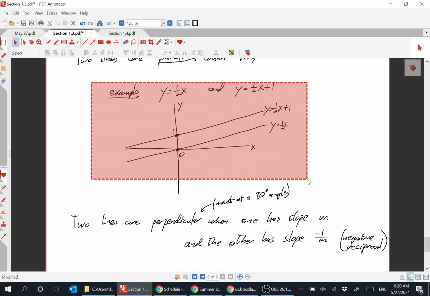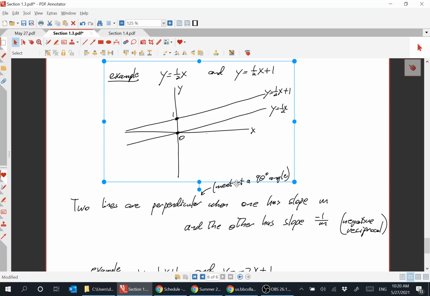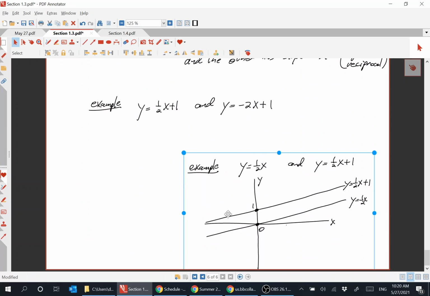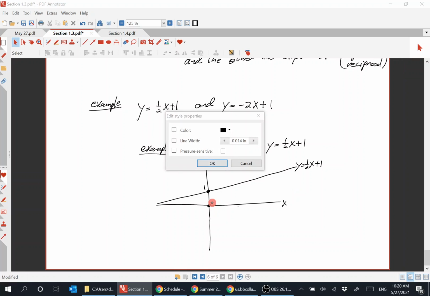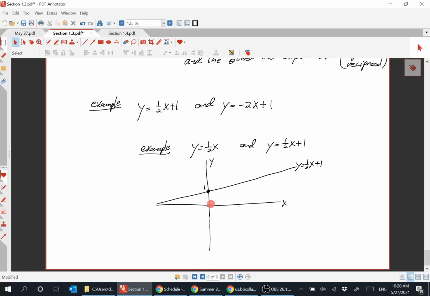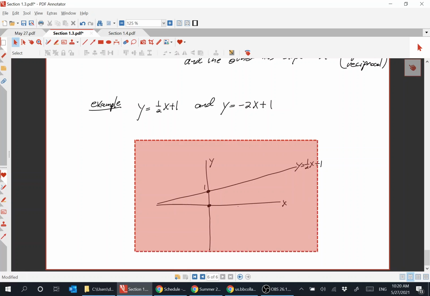So here's that line, y equals 1/2 x plus 1.